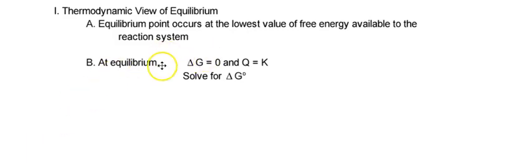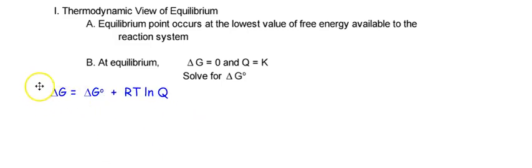It says at equilibrium, delta G at the present, non-standard conditions, equals 0 and Q equals K. Here's the equation from section 17.8: delta G at non-standard conditions equals delta G naught at standard conditions, the values you looked up in the chart, plus RT ln Q. Let's see what happens next.